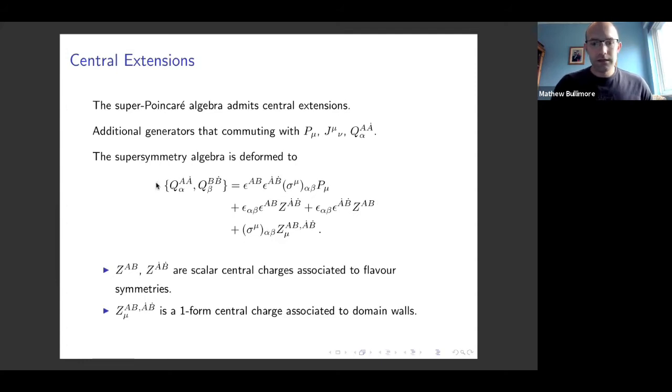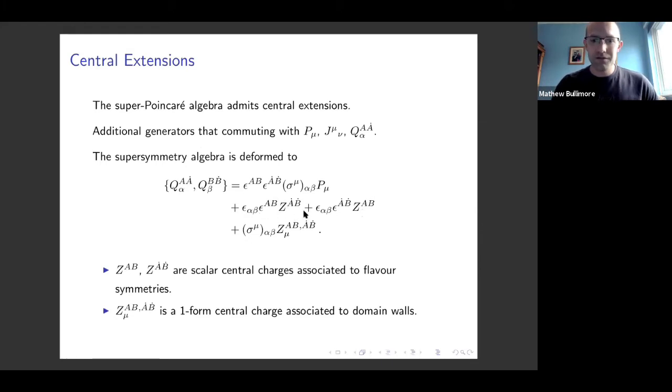So here's what the supersymmetry algebra looks like now. There's the term proportional to the momentum P, which we had before. But then there are several central charges that I label Z. The form of the central charges is constrained by the symmetries of the problem. In particular, it has to be symmetric under interchanging all of the indices.